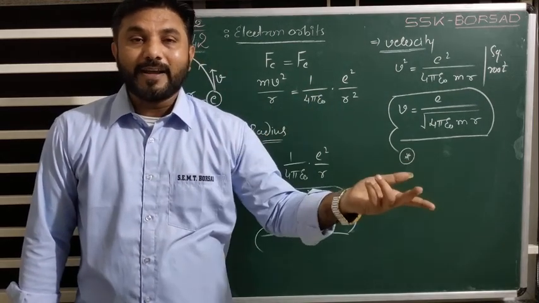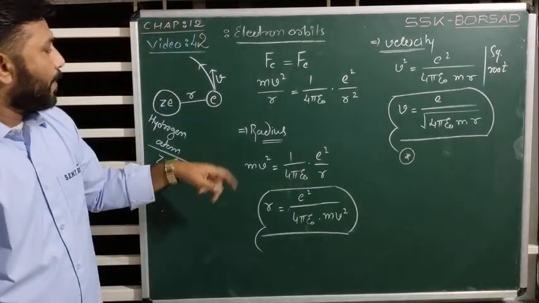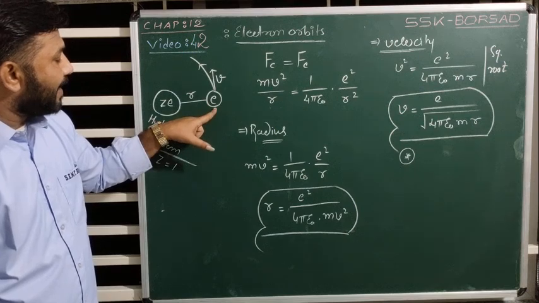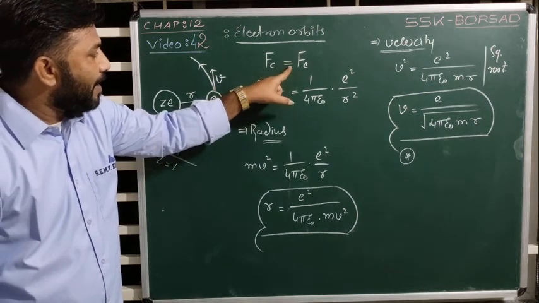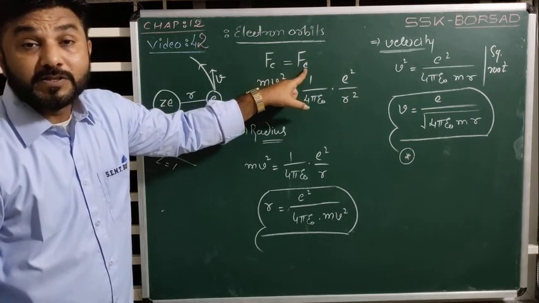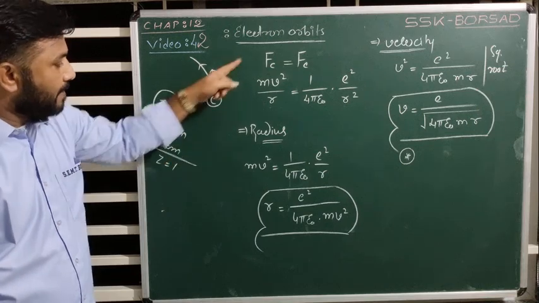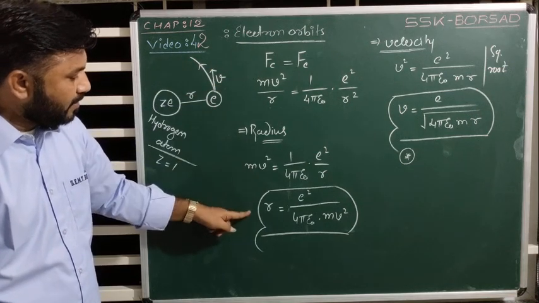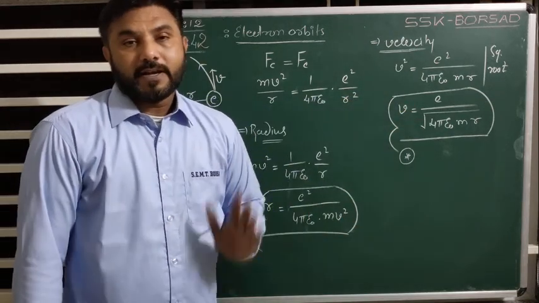That repetition you will get after 2 lectures, after 2 videos. Okay? Then the centripetal force acting on the electron due to the nucleus is the same as the Coulombian repulsive force between that electron and nucleus.